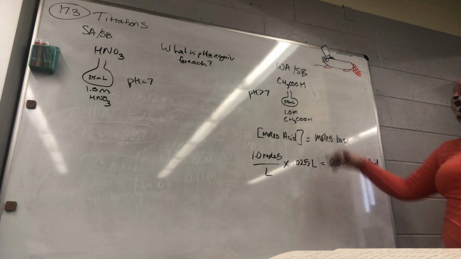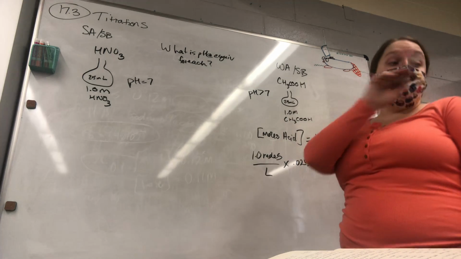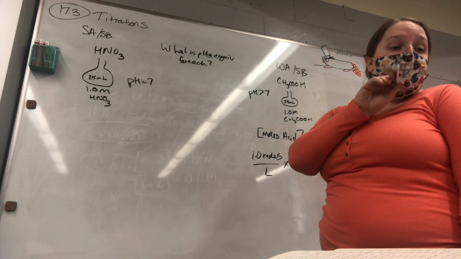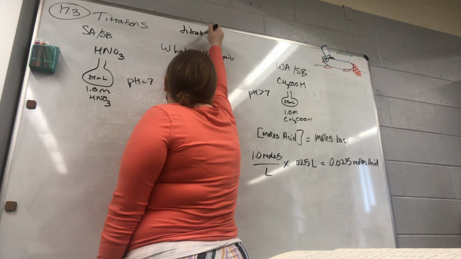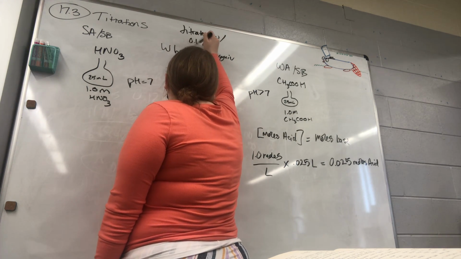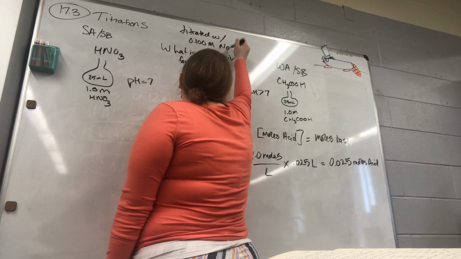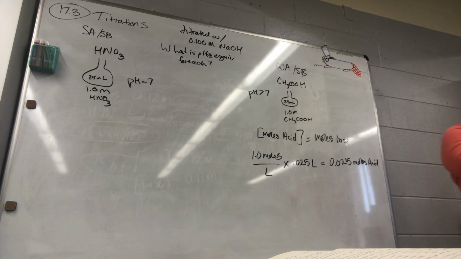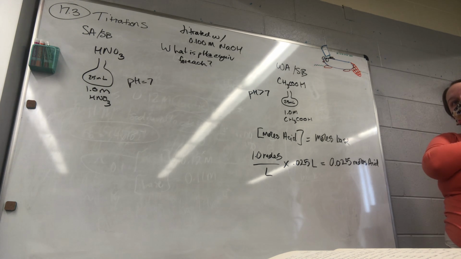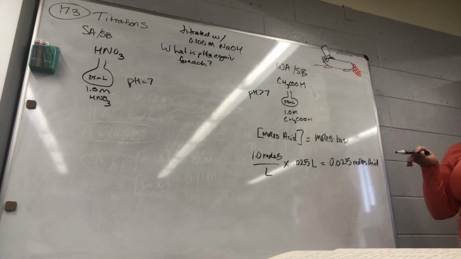If I know that that's going to equal my moles of base, which we have not talked about yet, but the solution is being titrated with that much NaOH. What's next? We need to know the total volume of the solution. How do we figure out the total volume of the solution?